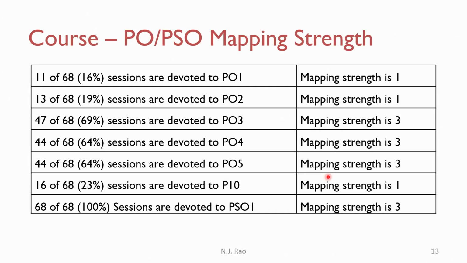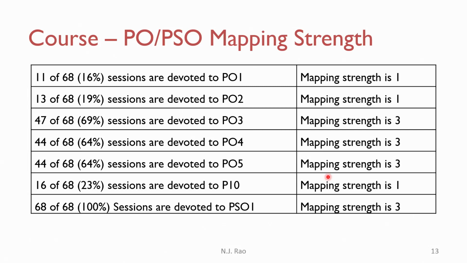Now what we do, we count all the number of hours. There are a total of 40 hours of classroom interaction and 28 hours of laboratory. Out of that, 11 out of 68, that is 16% of the sessions are devoted to PO1, and as per our suggested scheme, mapping strength becomes 1.